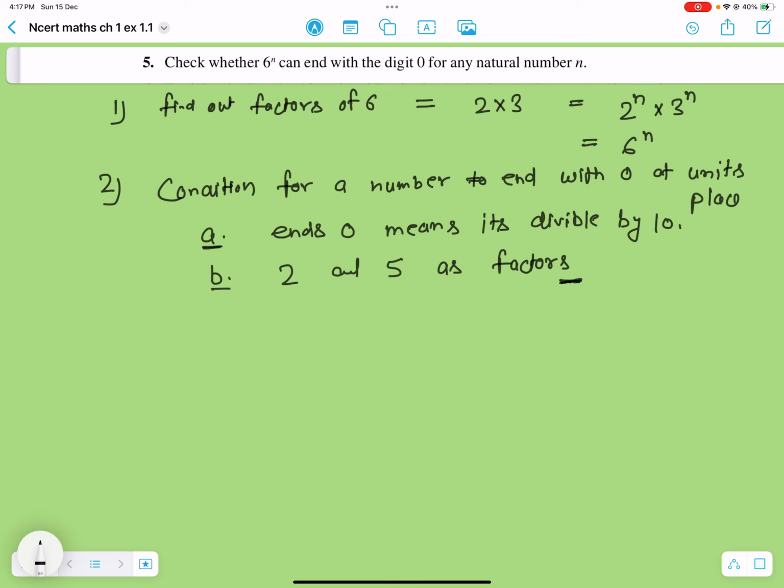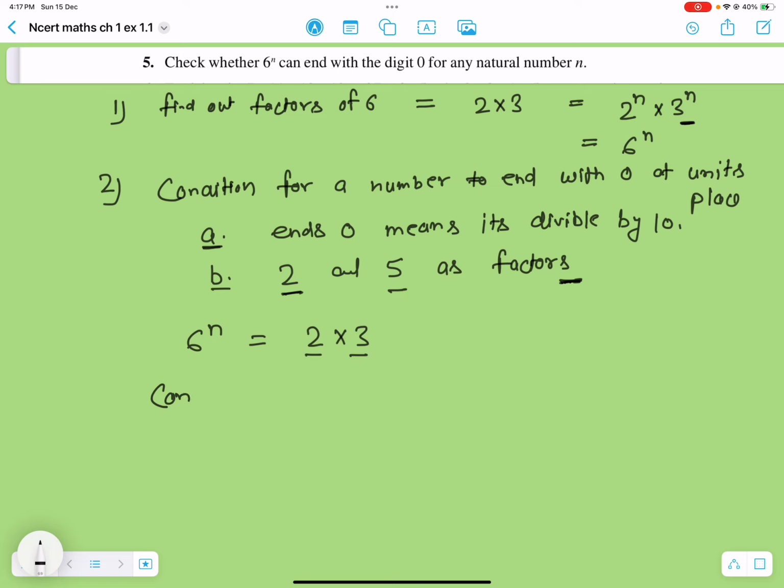If you match these conditions against the factors of this number, you can see 6 raised to power n has 2 prime factors, 2 and 3. But the condition says it should have 2 and 5 both as factors.